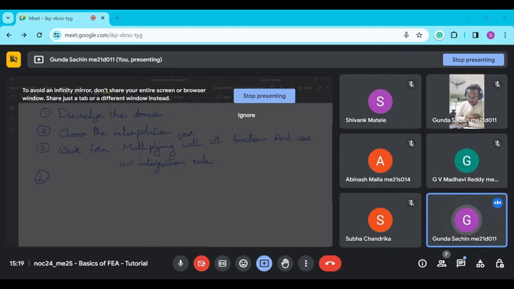Once you have the weak form and interpolation functions ready, for each element you will find the stiffness matrices, and then you assemble the stiffness matrices of all elements.